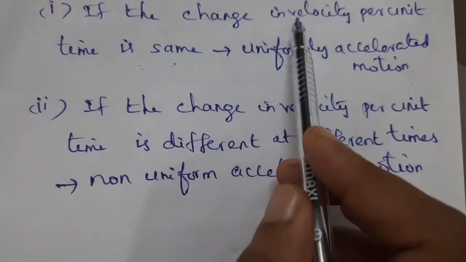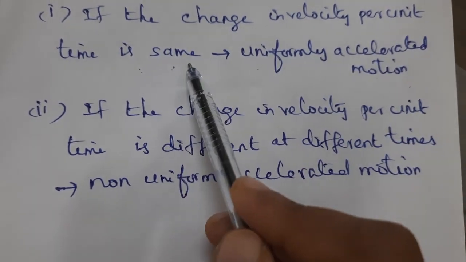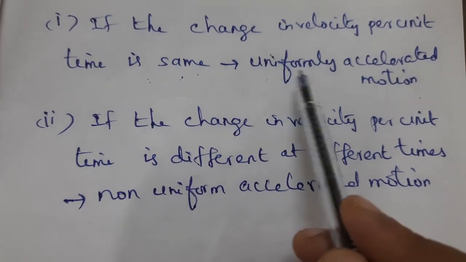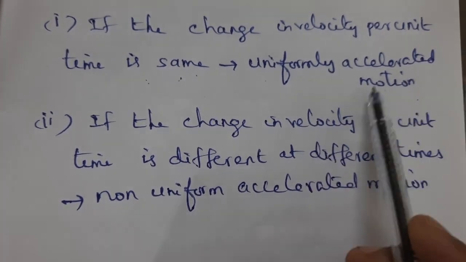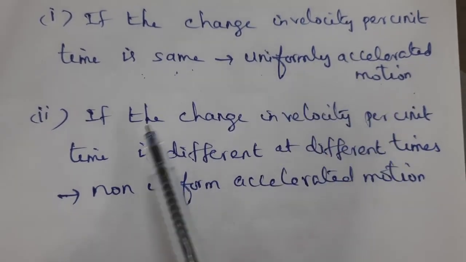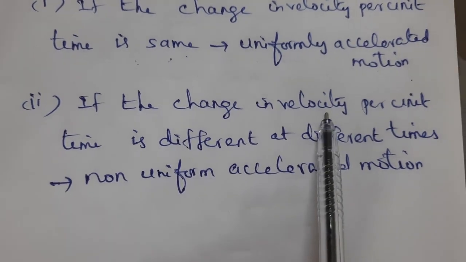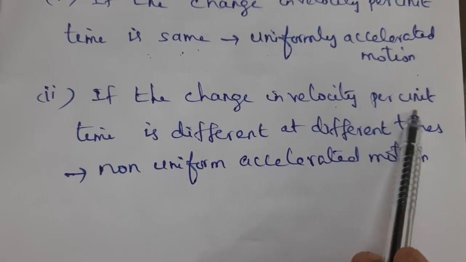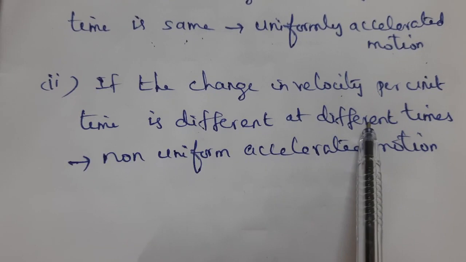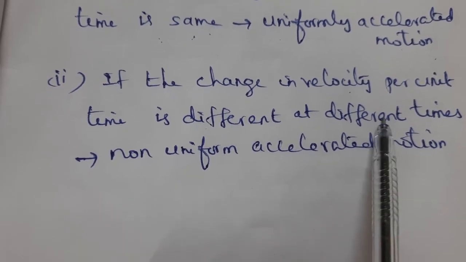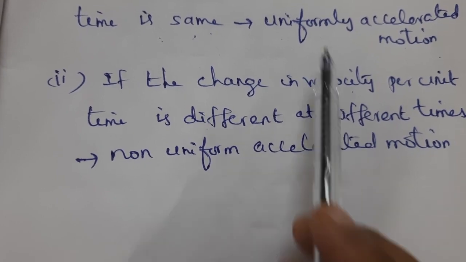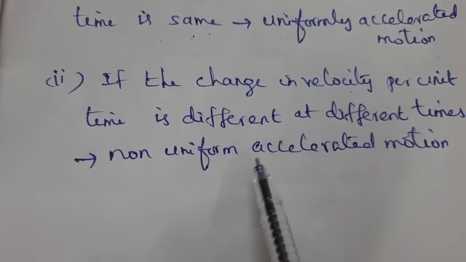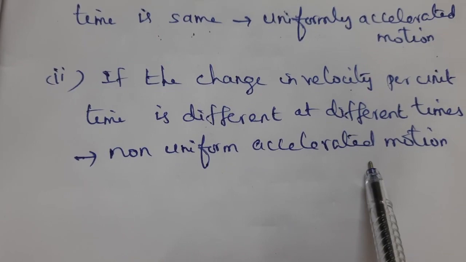On the other hand, if the change in velocity per unit time is different at different times, then the object is said to be moving with a non-uniform accelerated motion. So two types: uniformly accelerated motion and non-uniform accelerated motion.